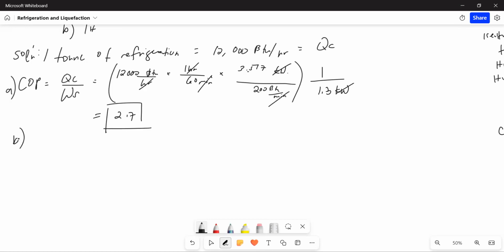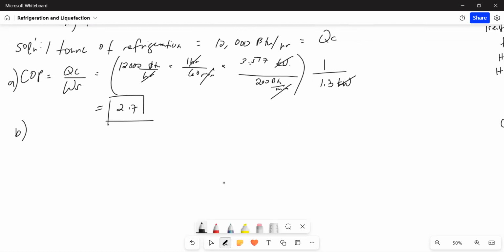Letter B, we're being asked for TH. So we use the formula of COP in terms of temperatures. We isolate TH, TC over COP plus TC.